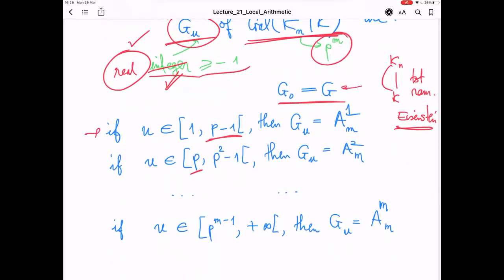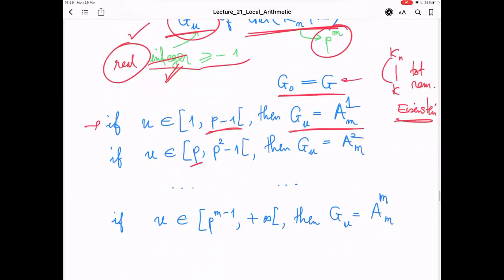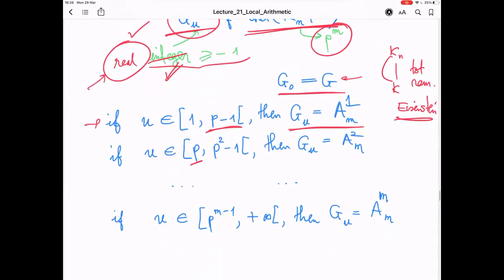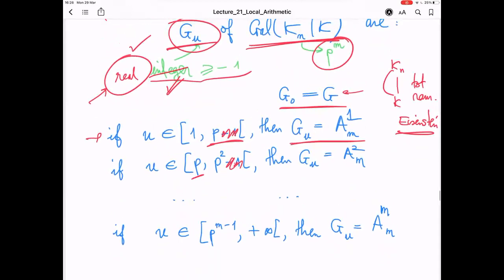But if u is between 1 and p minus 1, then G sub u is, yeah, you know, I'll allow u to be real, and I remove these minus ones here. Right, now it's good.